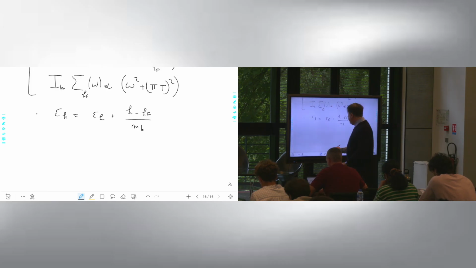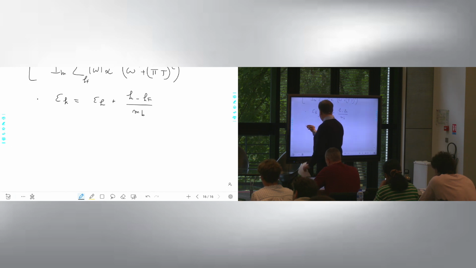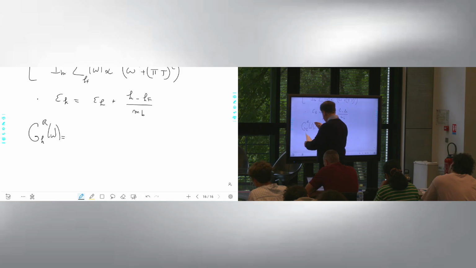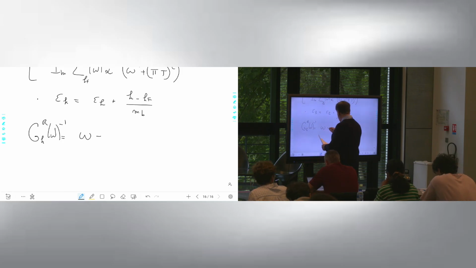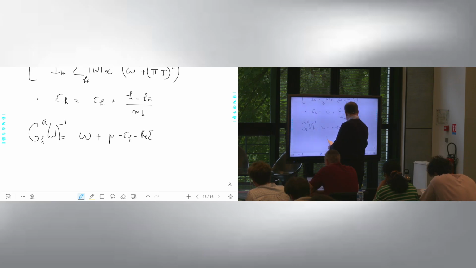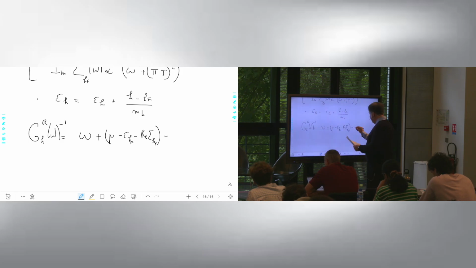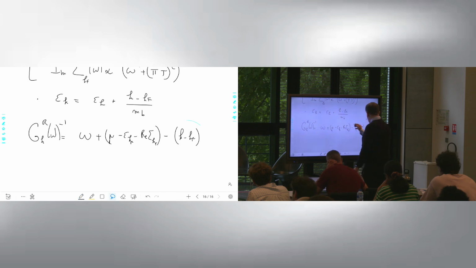All right, so then what I do is that I take the inverse of my function G_k^R of omega, minus 1, and I write omega plus mu minus epsilon k minus the real part of sigma k at kF, minus k minus kF. Write it below.